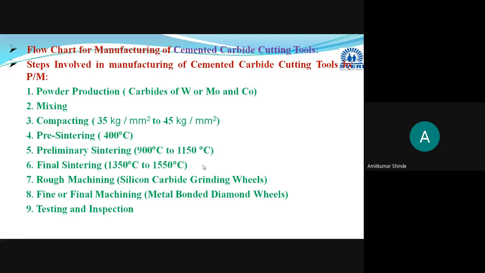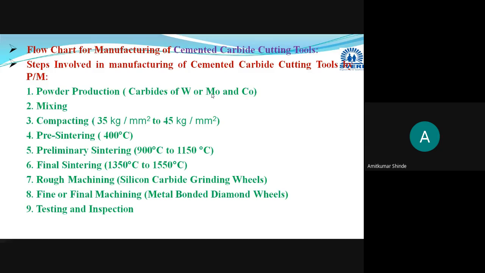And in the final sintering, what will happen is this cobalt will start melting. At this higher temperature range, 1350 to 1550 degrees Celsius, this cobalt will start melting, and it will get diffused on the carbides of tungsten or carbides of molybdenum.